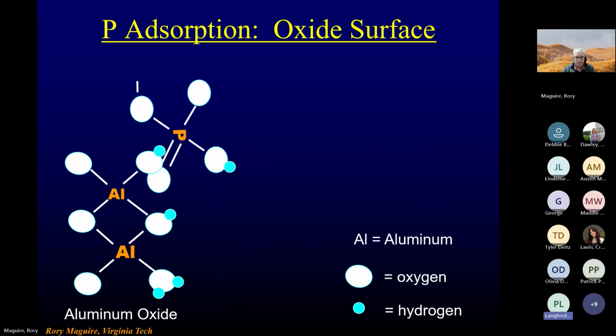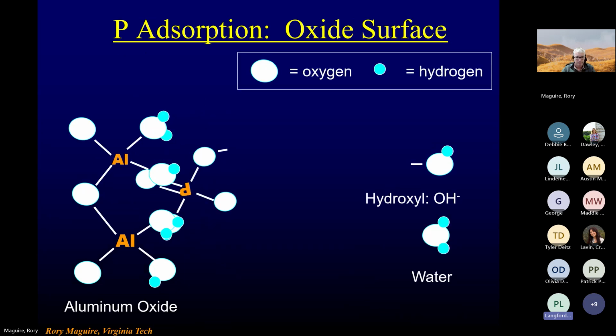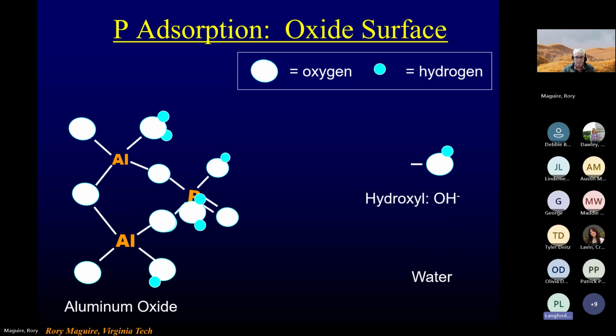But if you're thinking about, let's say, a hydrogen phosphate, this will exchange your hydroxyl and then become what's called labile phosphorus, which means it's loosely bound and readily converts to your soil solution phosphorus, which helps maintain equilibrium in the soil. Over time, however, this hydrogen phosphate exchanges both hydroxyl and water, which makes it fixed or non-labile, making it unavailable to plants and causing that low solubility.